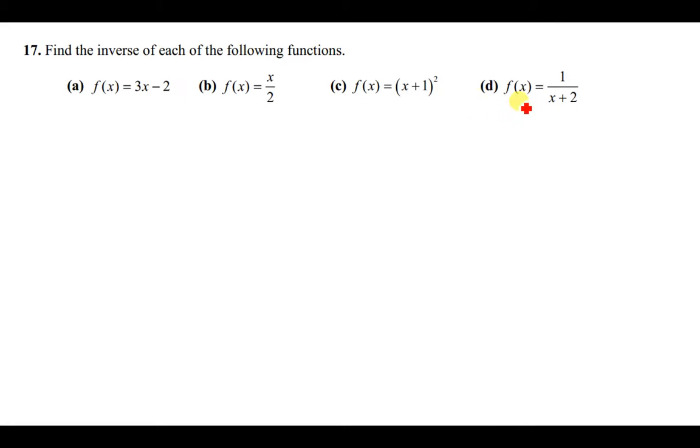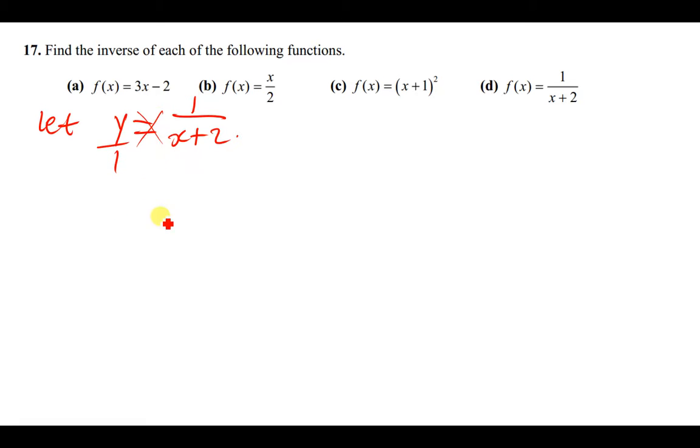This question is f of x is equal to 1 over (x plus 2). So we do the same, we say let y be equal to 1 over (x plus 2). So we make x the subject of the formula. We're going to start first by cross multiplying. We know that this is y over 1.